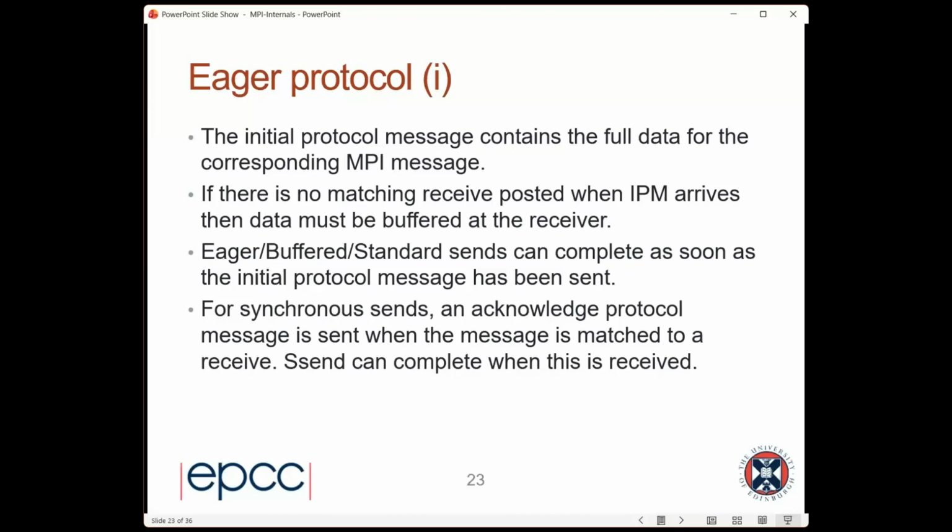So this means that small messages in MPI can typically go faster than large messages because they're sent straight away, copied to the receiver, and then you carry on. For synchronous send, there's a slight subtlety: you need to know when the message has been received, so there will be an acknowledgement sent back. But the fundamental point about the eager protocol is that it eagerly sends data. As soon as you issue a send, the data is copied to the receiver.